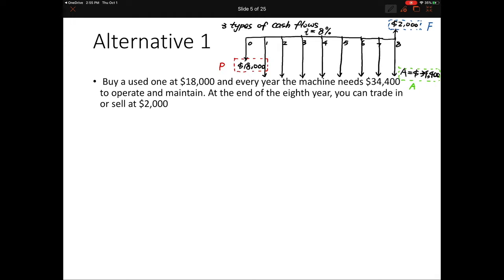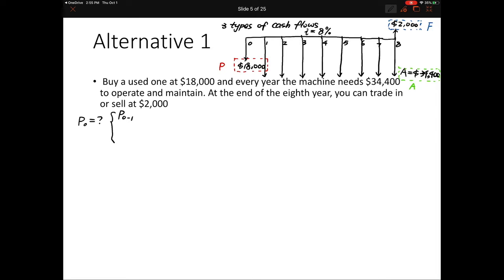Now what we're looking at is the present value at time 0 for all 3 cash flows. So what is P0? We said it is converted from 3 different types of cash flows, so it is composed of 3 parts.